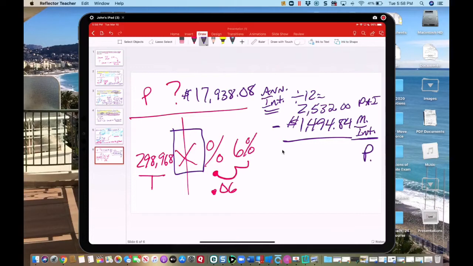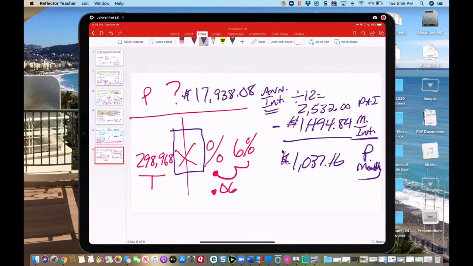So $2,532 minus $1,494.84 equals $1,037.16. And that's a monthly principal.